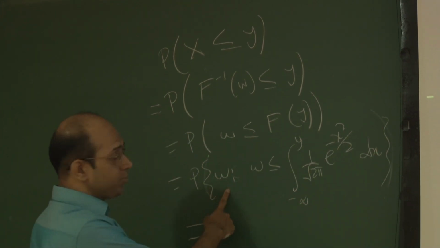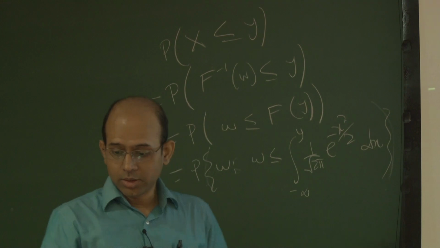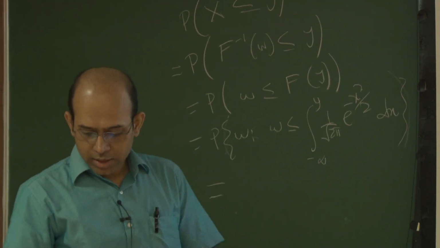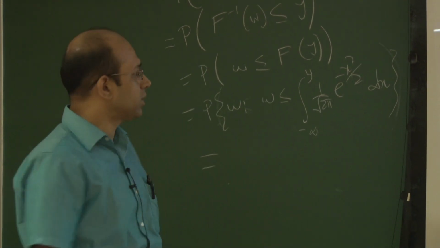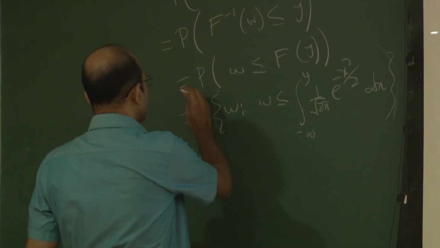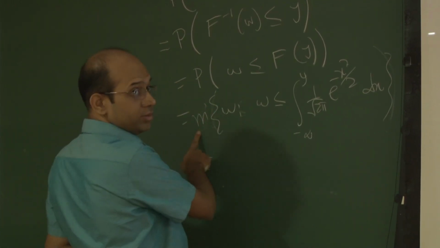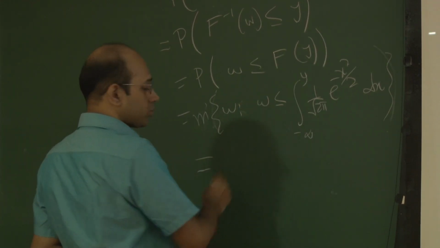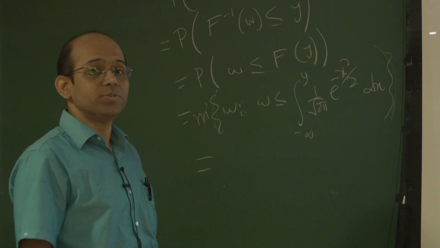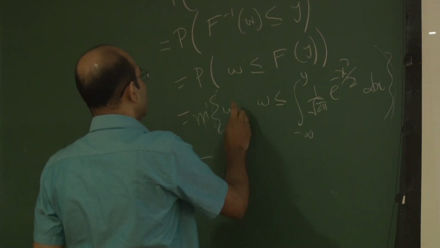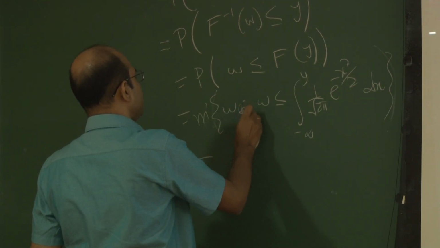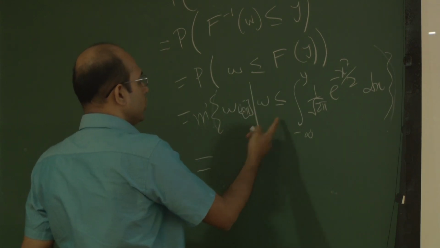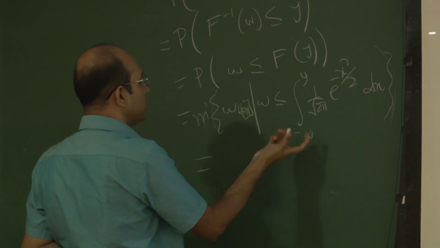Here P is nothing but the Lebesgue measure m, of this set, where omega is between 0 and 1. So, we want to find the Lebesgue measure of that.